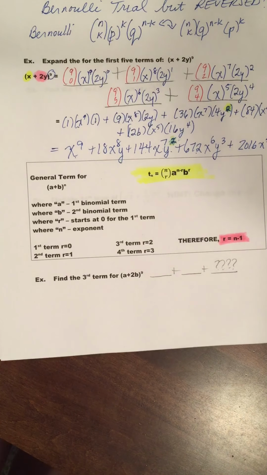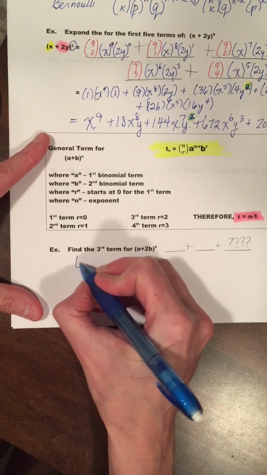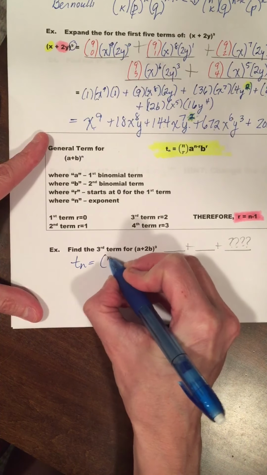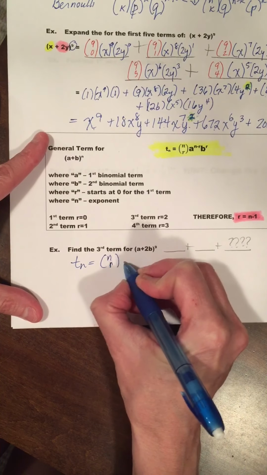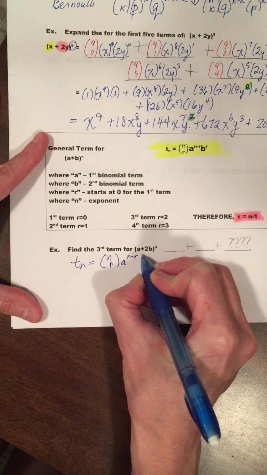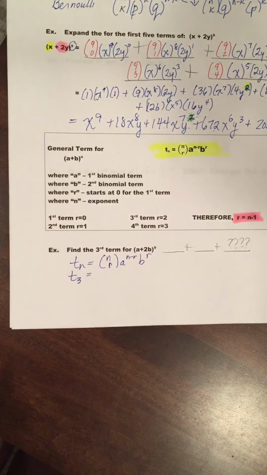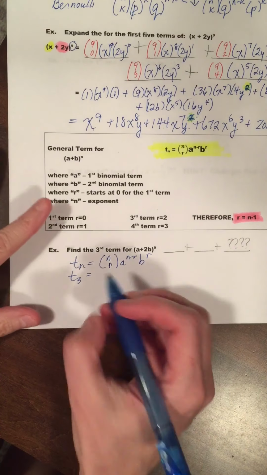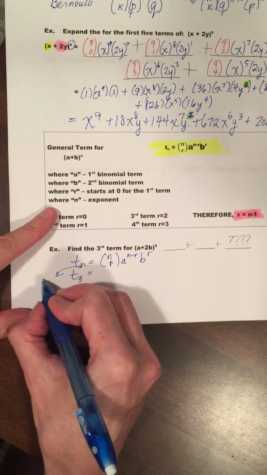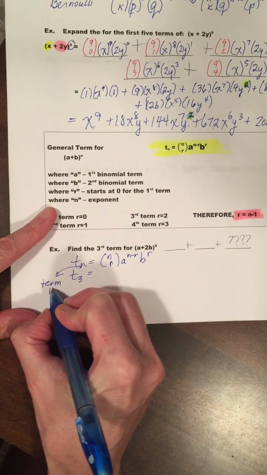Okay, let's jump in. The best way to do these is to jump right in. I'm going to write down my formula, and I'm going to look for term number 3. Now, this n right here is your term number.